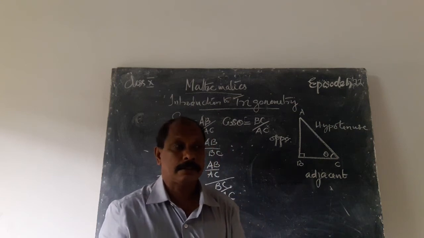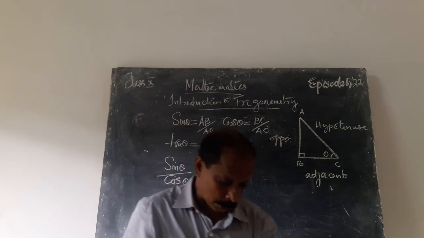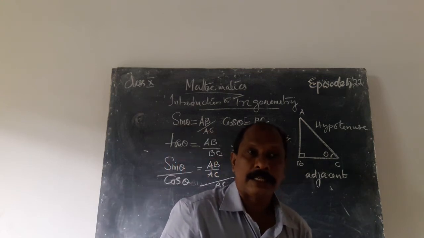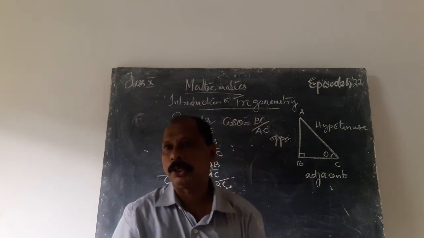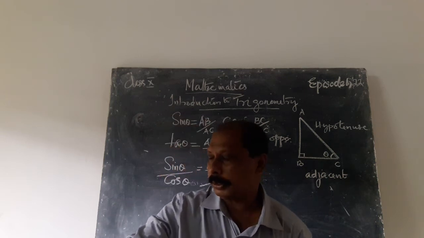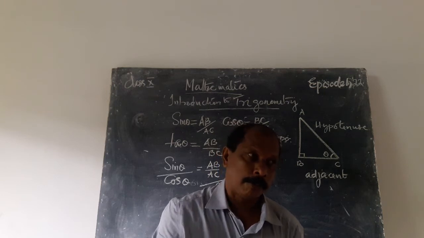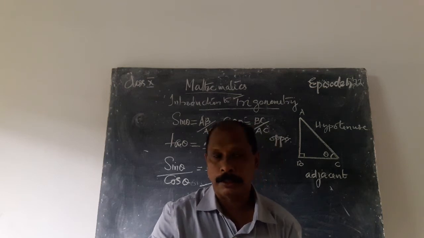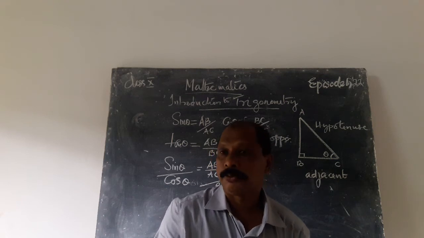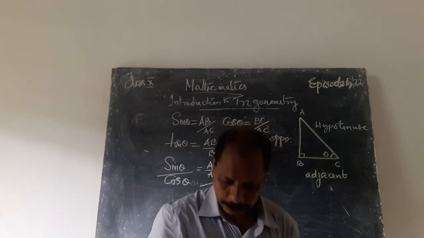For division, multiply the numerator with the reciprocal of the denominator. That is the basic concept. For addition or subtraction between fractions, we take LCM. For multiplication, multiply the numerator and multiply the denominator. For division, multiply the numerator with the reciprocal of the denominator.